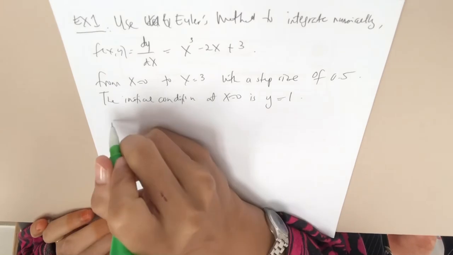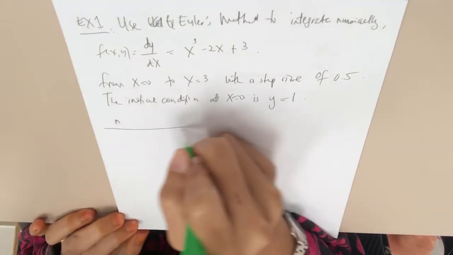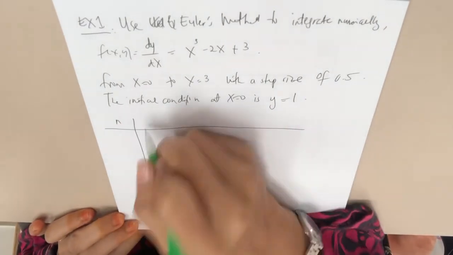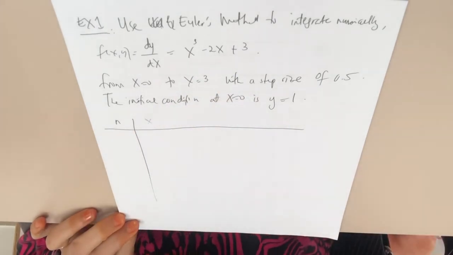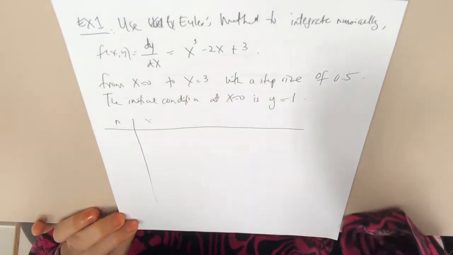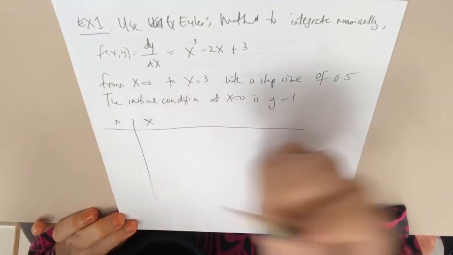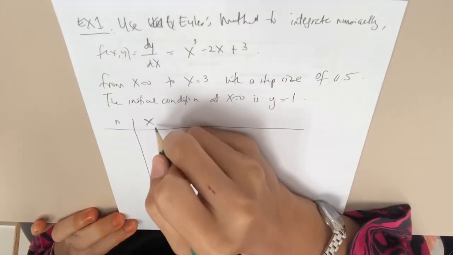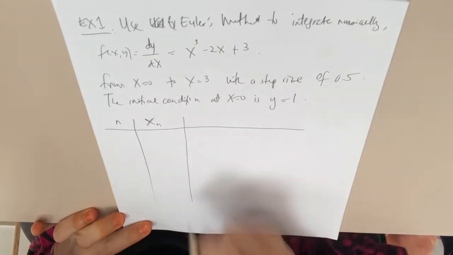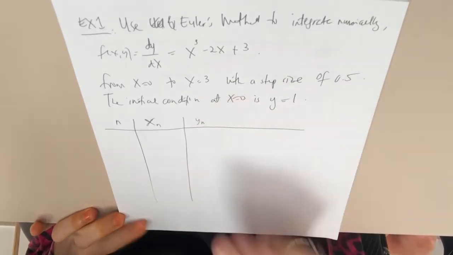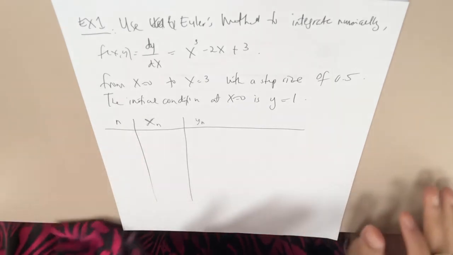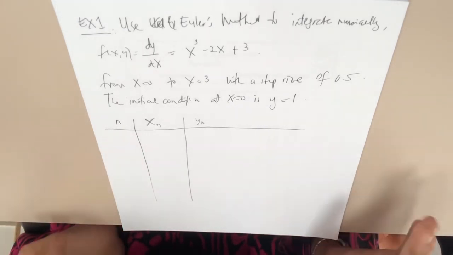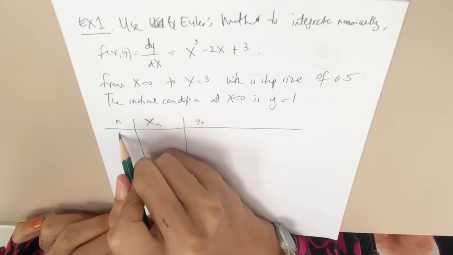So I start with the column n, the next column is x_n, and the third column is y_n. So you need to prepare three columns: n, x_n and y_n. The first column is n, and we start with n equals 0.